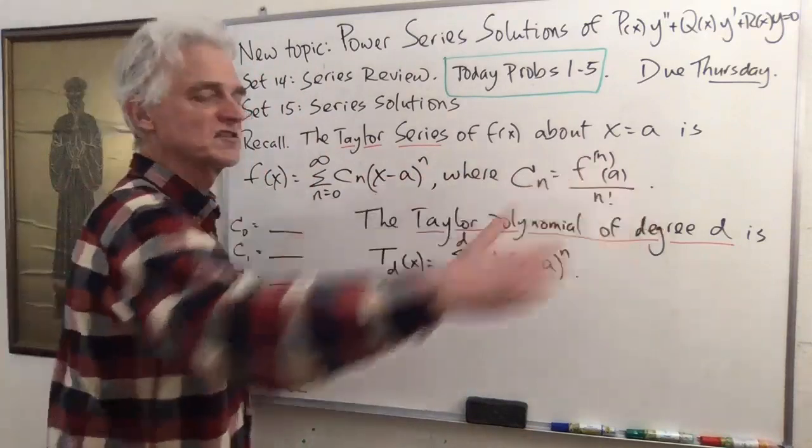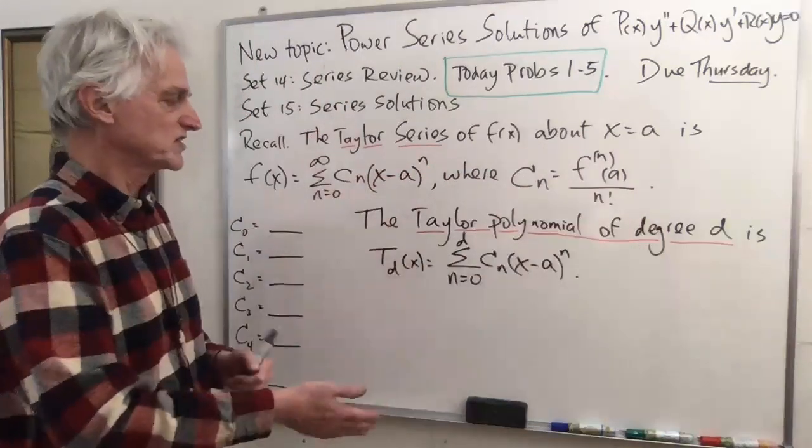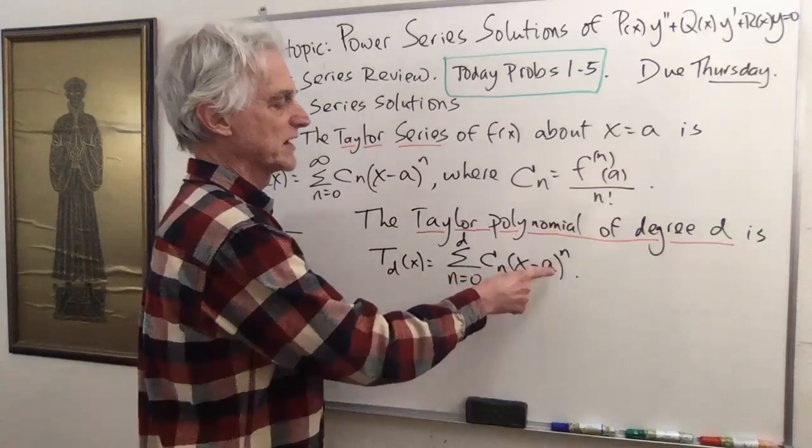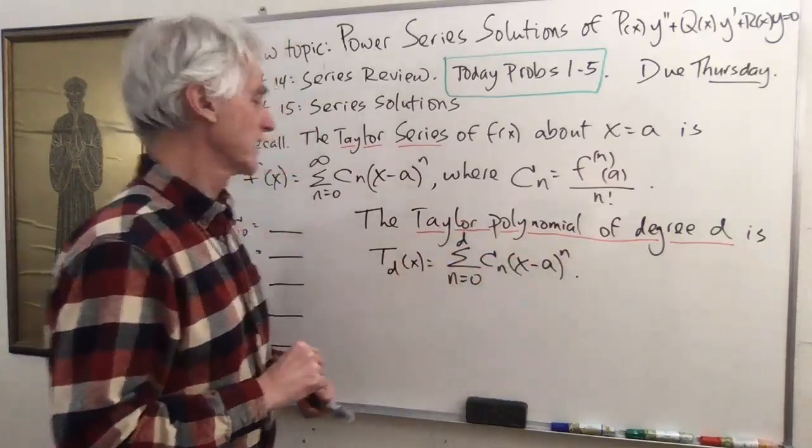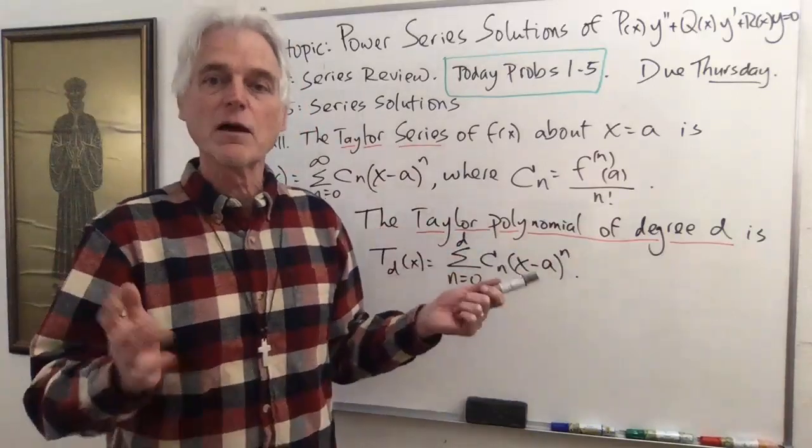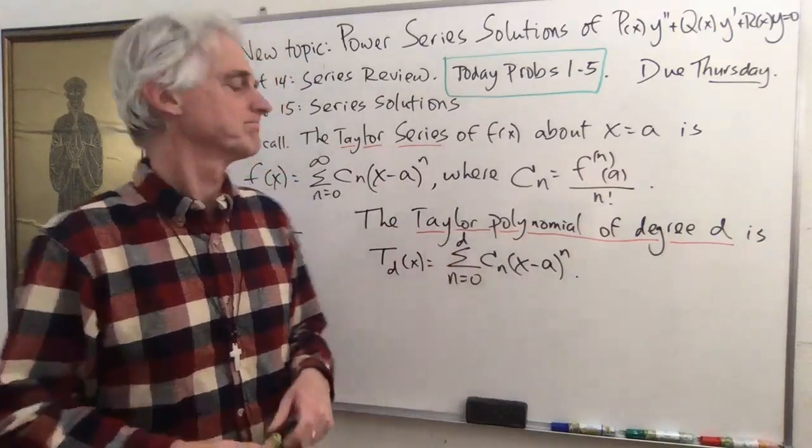That's an infinite series, but if we truncate it, if we stop with x minus a to the d, we get the Taylor polynomial of degree d.